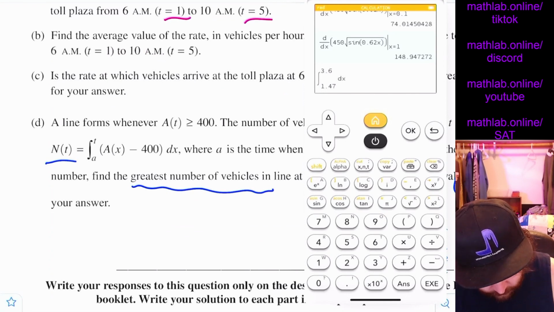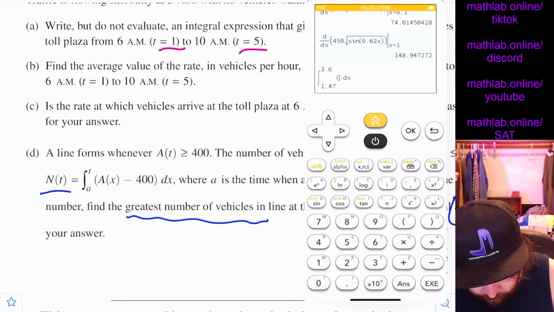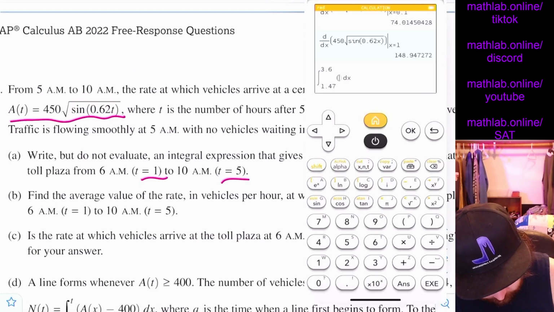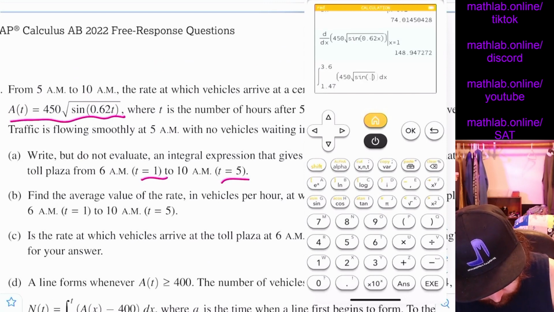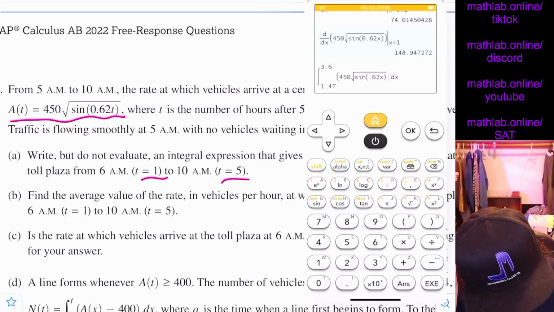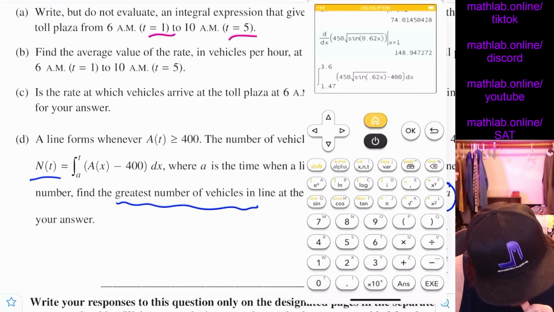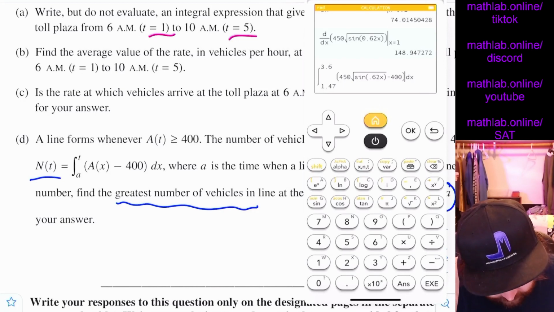So A, oh gosh, what is the function? A is 450 root sine of 0.62x, close. So that's the A function right there. But then we have to subtract 400. So that's n with 3.6 instead of t.